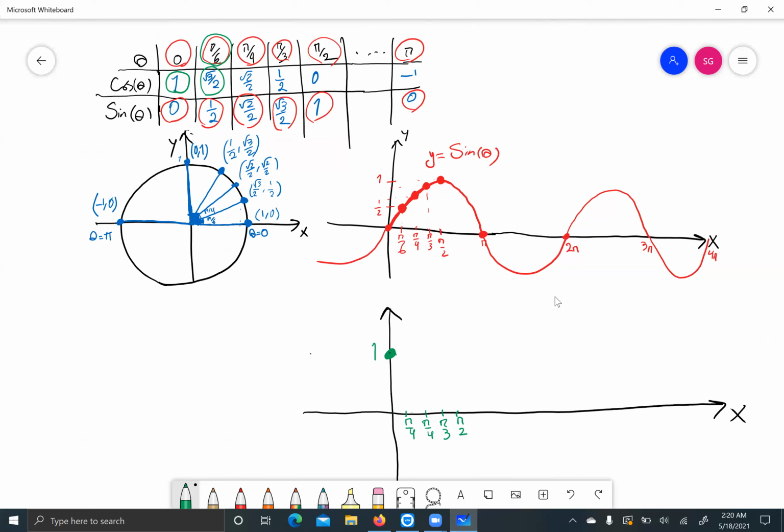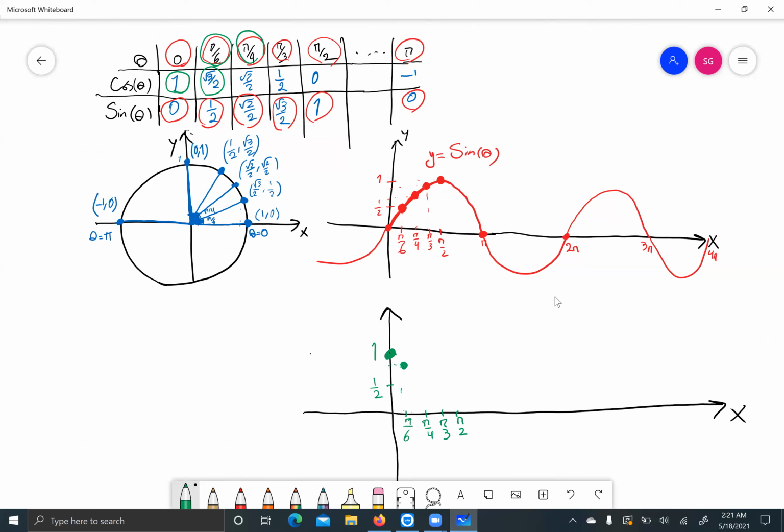And this is half. At pi over 6 it is square root of 3 over 2, which is going to be somewhere here. So this is going to be the point.